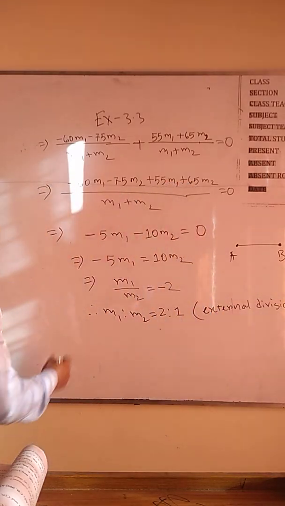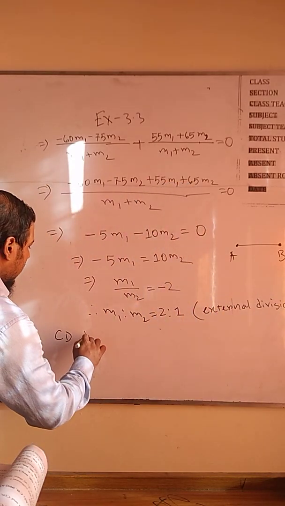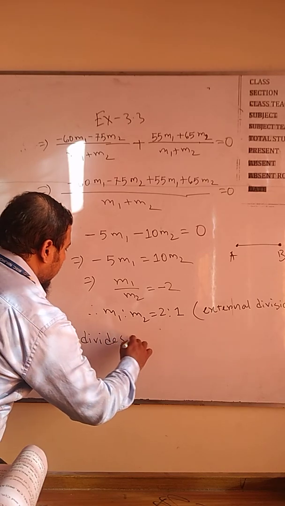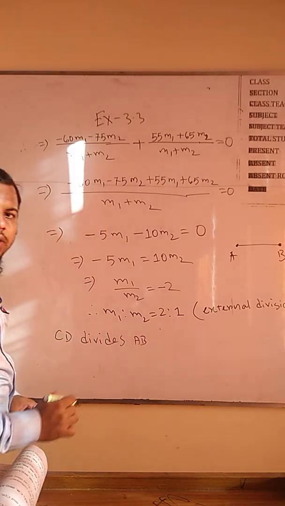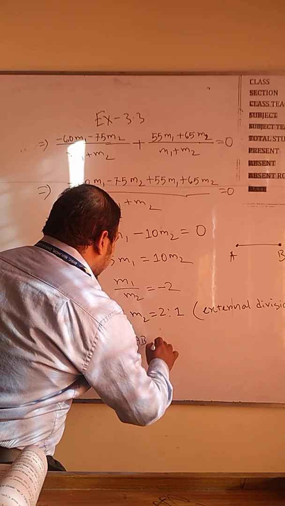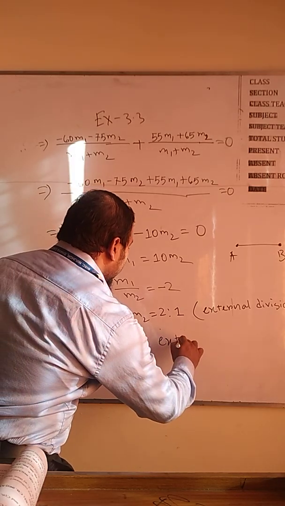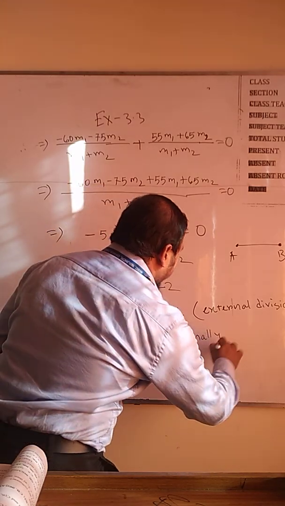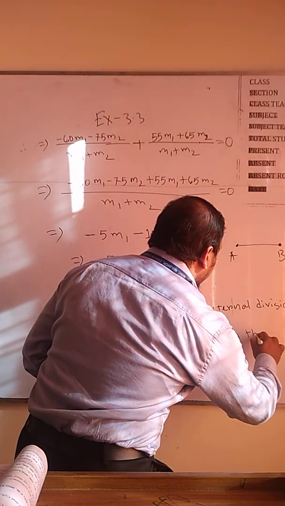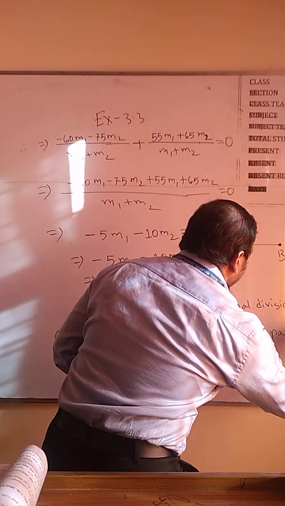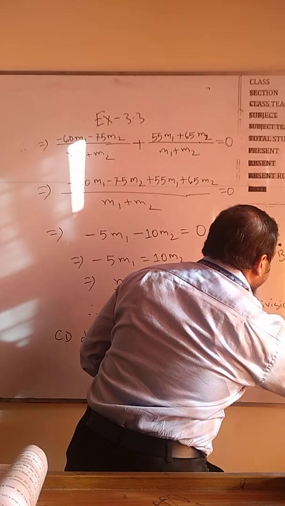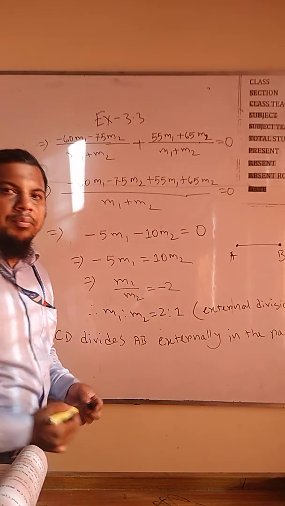Now you can write CD divides AB externally in the ratio of 2 is to 1.